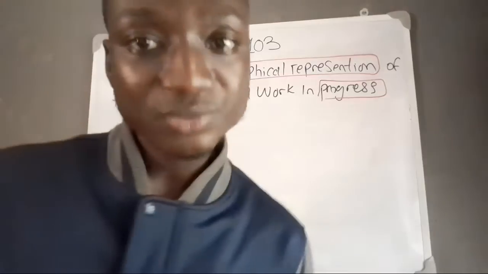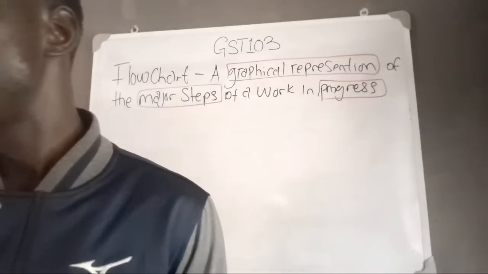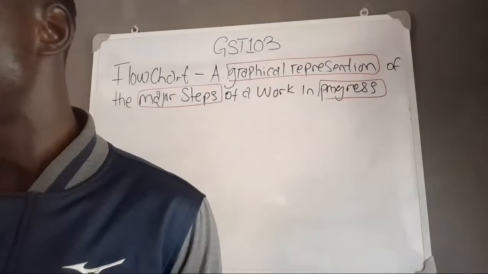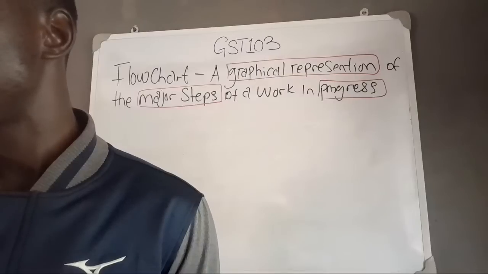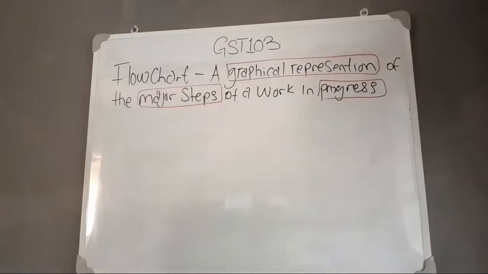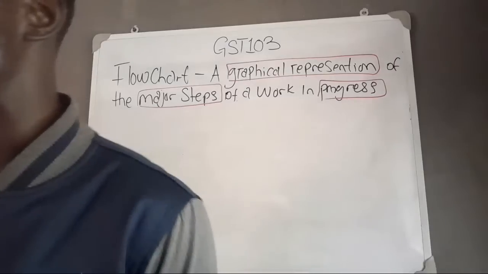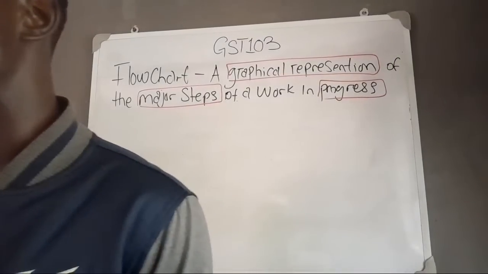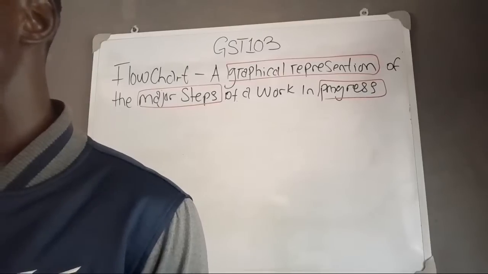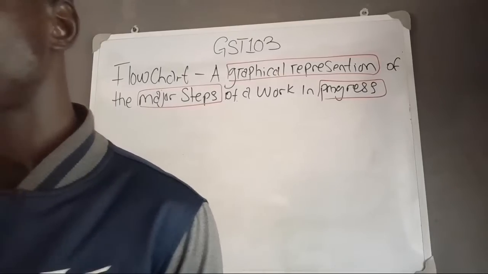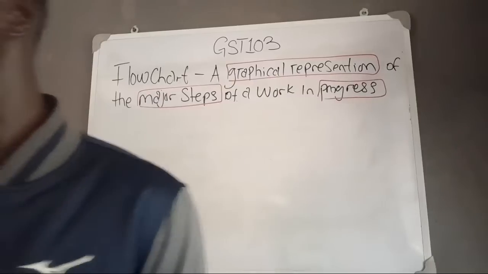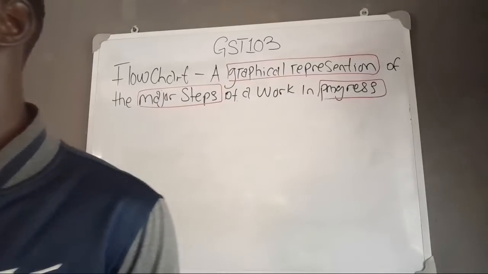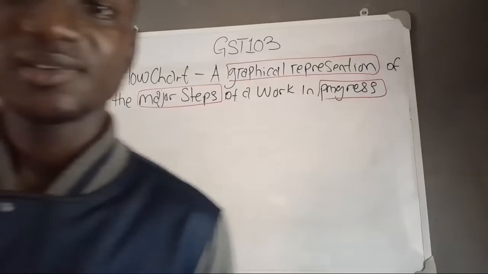Miss Miracle says she's not seeing again. Miss Miracle, I didn't do anything to the board. It's still the same way it was. I think it might be the network. If you are not seeing, if it's blurry, it might be from the network. So just hold on, it will stabilize.